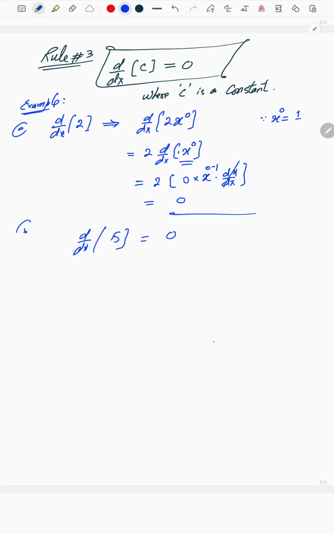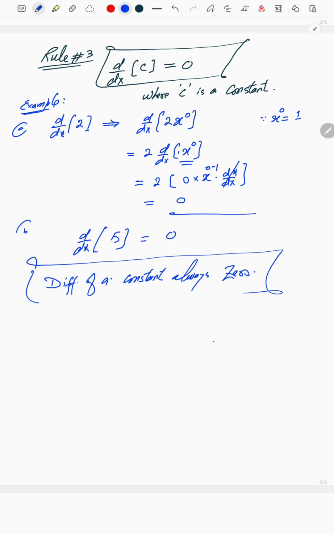You can directly say that is 0 because it doesn't have any variable with it. So no need to proceed by first making x^0. Directly you can write the derivative of a constant, which is always 0. So this is the rule. Whenever you see it, you can proceed.